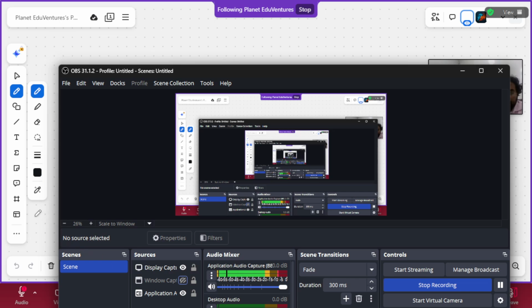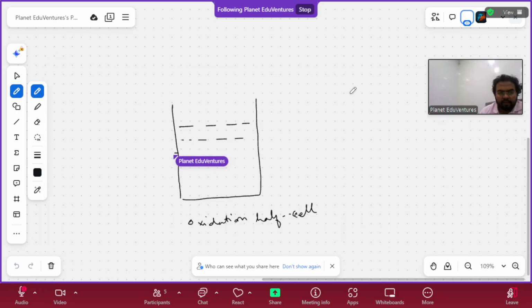Now, in this left beaker, this is known as oxidation half cell. So, what is oxidation half cell? The left side. And what is the left side? It is a zinc sulfate solution.